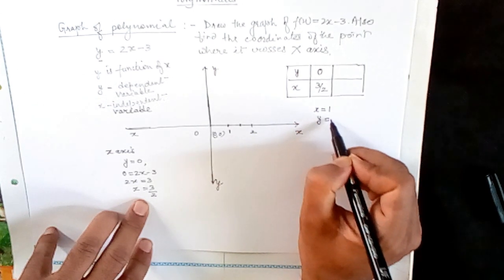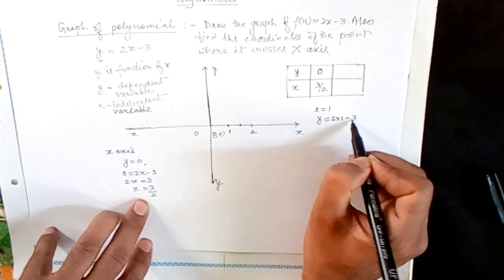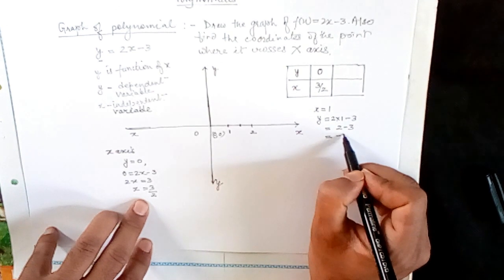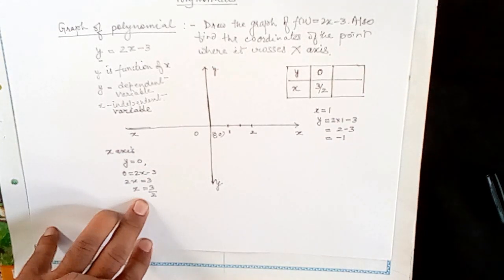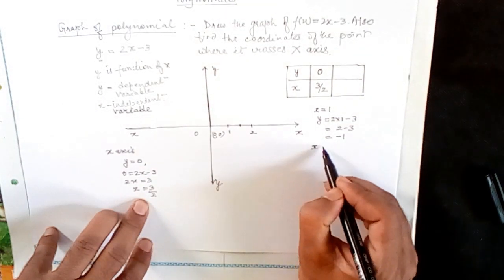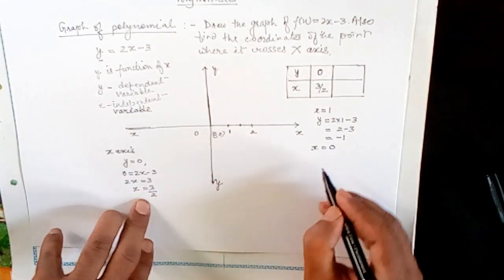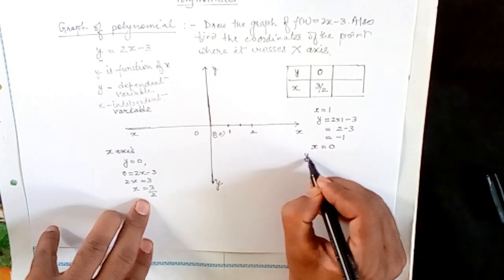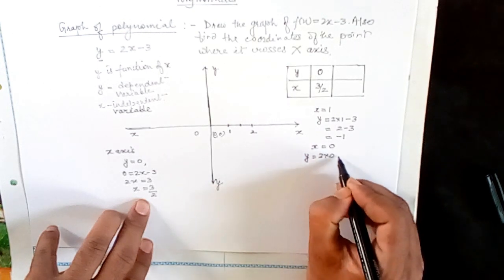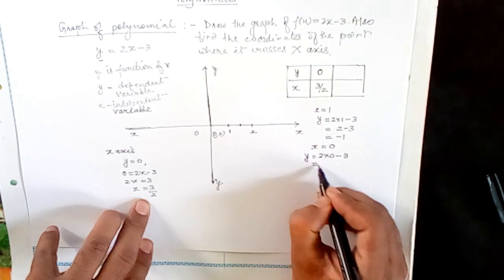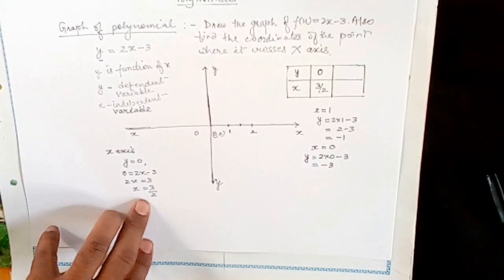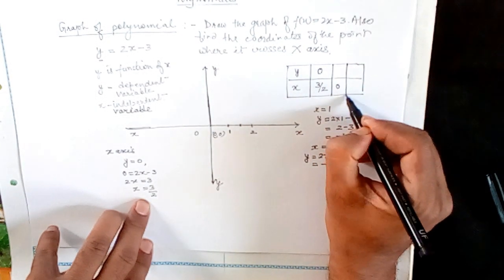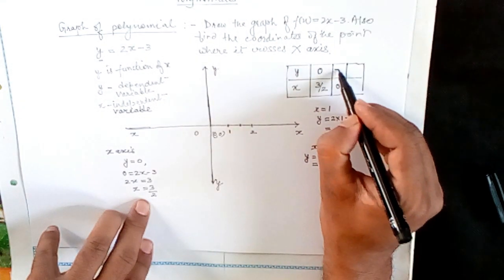So 2 into 1 minus 3 is going to be 2 − 3, which is −1. Similarly, if I substitute the value of x = 0 in the given equation, y = 2 into 0 − 3, it is going to be −3. So at x = 0, what we are getting here is −3.